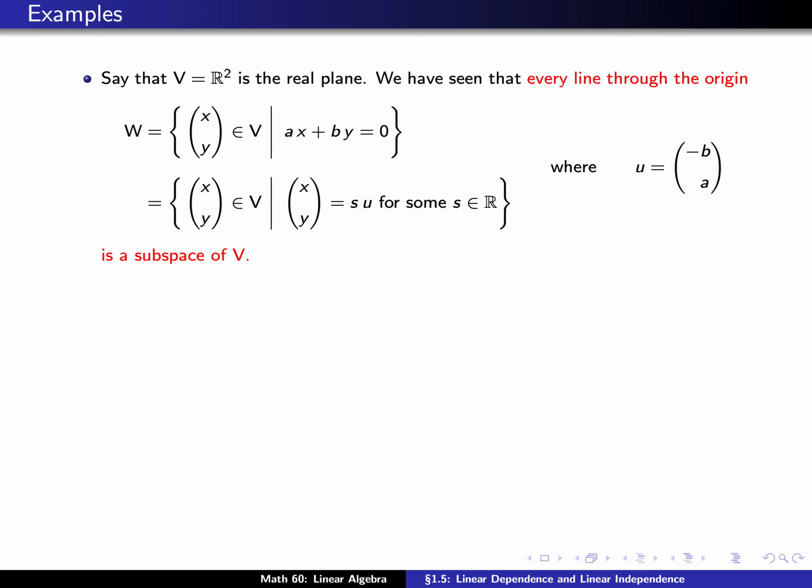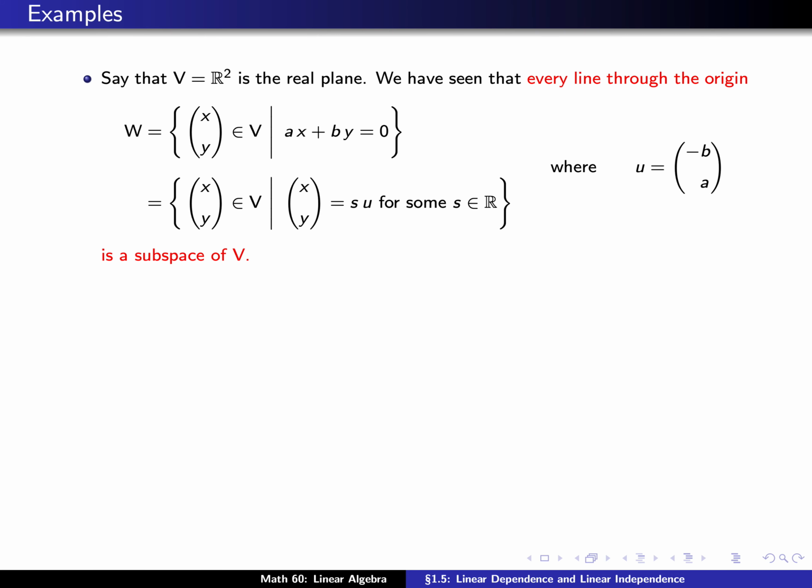Let's recap all of this by thinking of this in 2 different ways. First, to get better intuition, let's take a look at R2, that is the real plane. We've seen that every line through the origin is a subspace of V. Well, one way we can write a line is to think of this as the set of points x and y such that ax plus by equals 0.